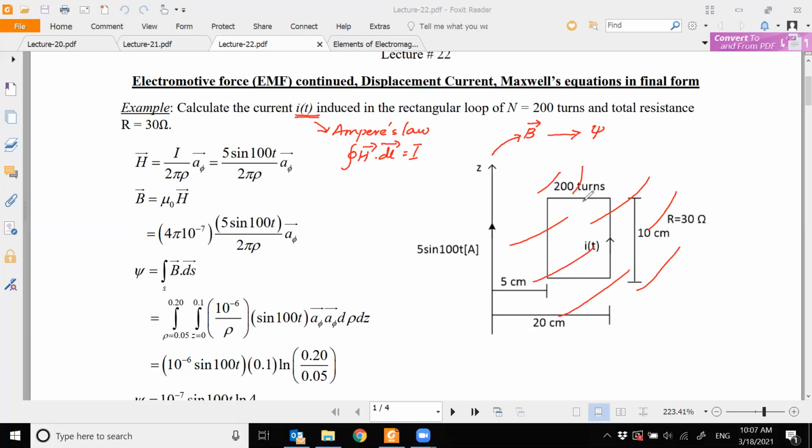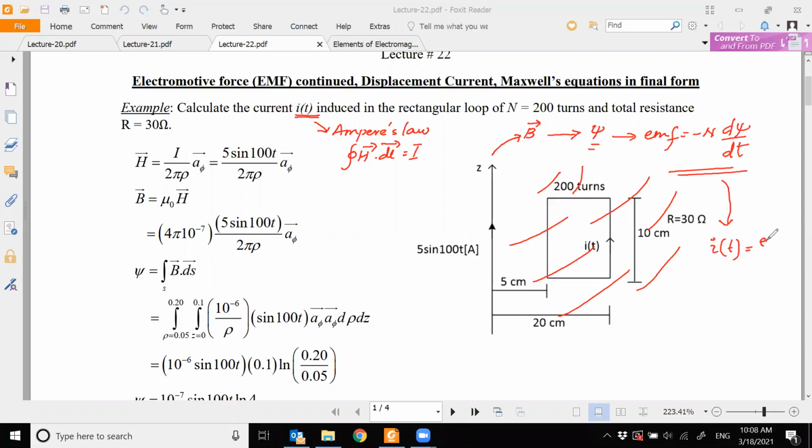This is my loop. Find the flux through this loop. And once you find the flux, can you find the EMF? Yes, EMF is nothing but minus N d psi over dt. Find the EMF. And once you know the EMF, can you find the current?